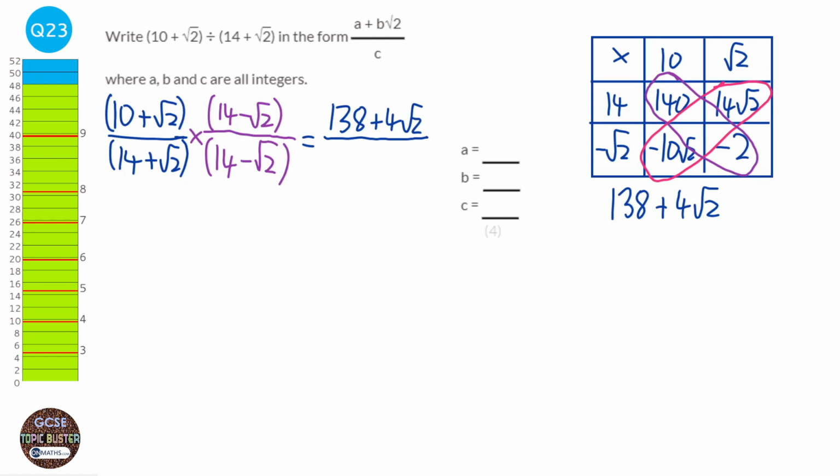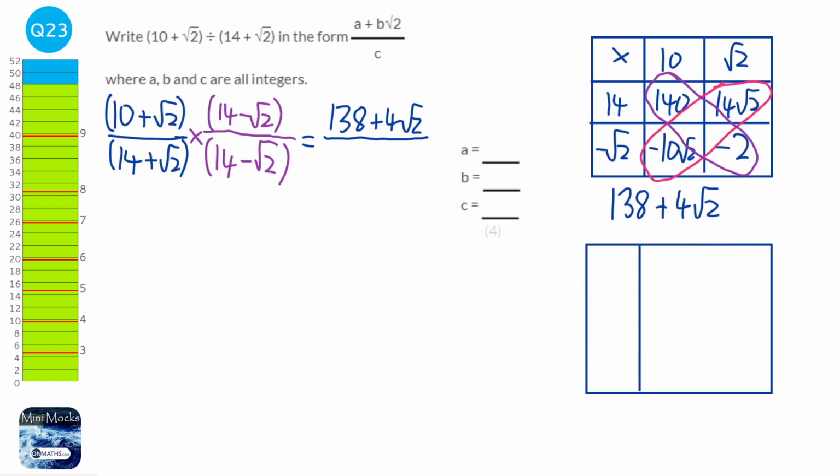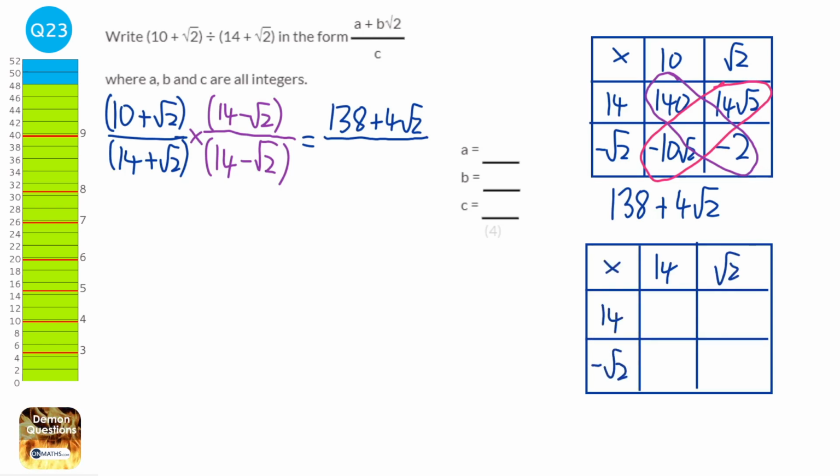And let's do the bottom. I like these grids because you can see if you've made any mistakes quite quickly. You can check your working. So 14 plus root 2 times 14 minus root 2. And you'll see why in a second we do the opposite.